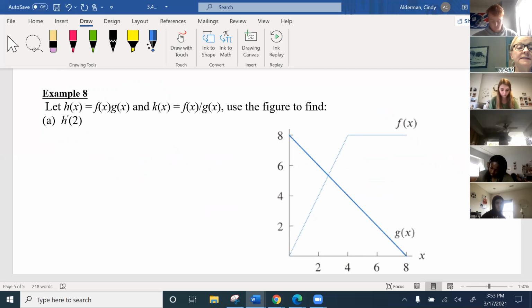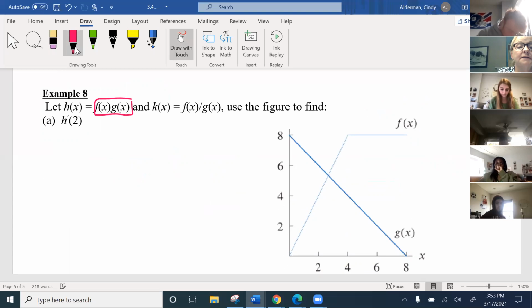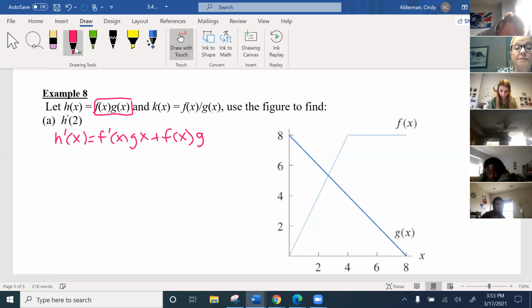Okay, so h of x is asking you to find a product, right? They're asking you to find the product of f of x and g of x according to this graph. So if we first want to find h prime of x, that's going to look like f prime of x times g of x plus f of x times g prime of x.